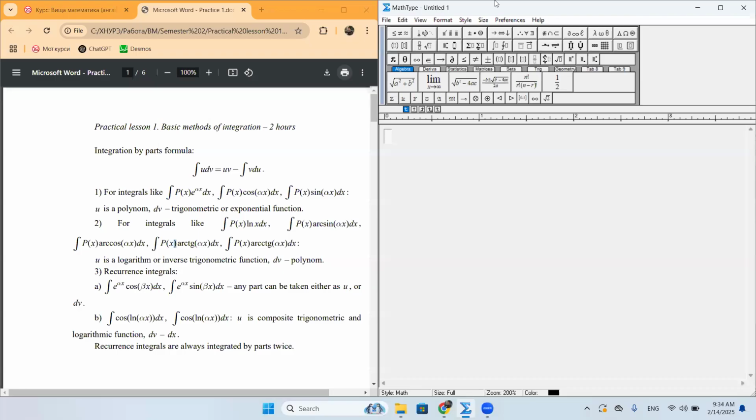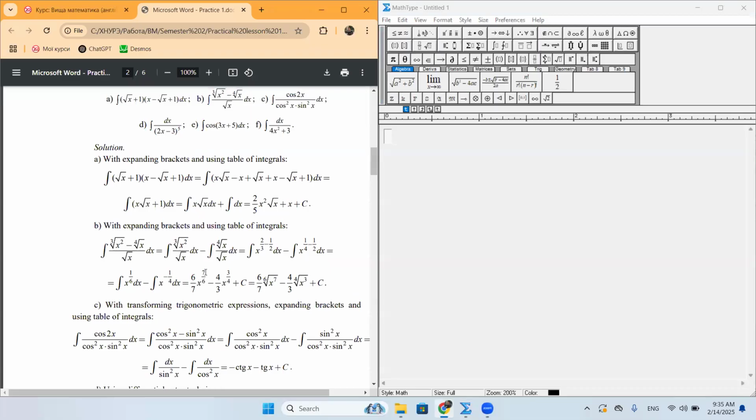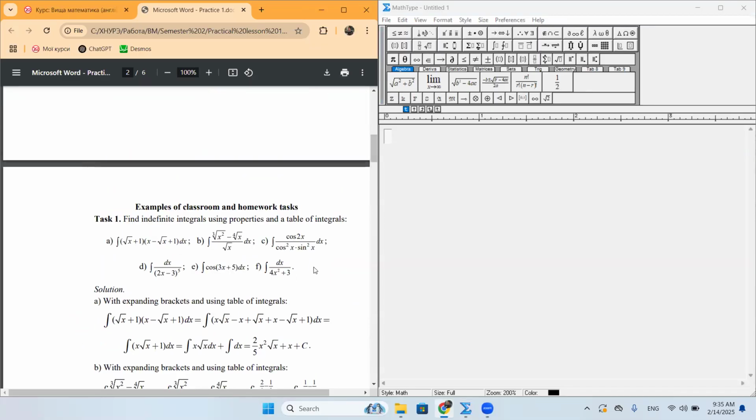And today we are studying basic methods of integration. Let me share my screen. So, now we will remember some integrals from the table of integrals, the differential entry technique, and integration by parts.